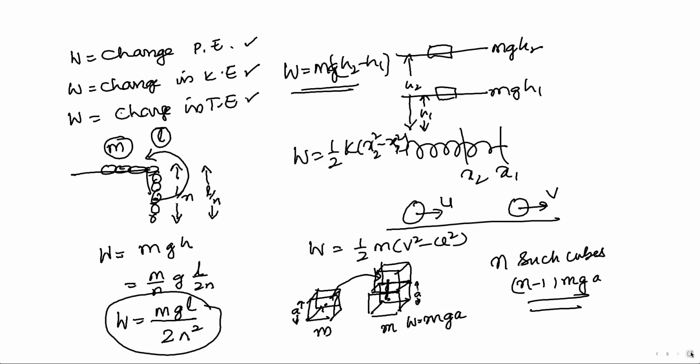And another important concept in work and energy is the problems related to conservation of energy. The total energy of the system always remains constant. It can change from kinetic to potential or potential to kinetic.